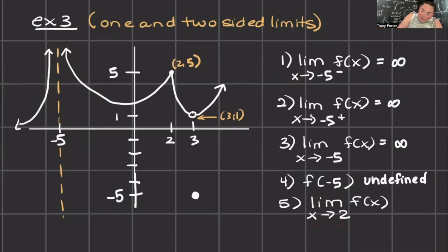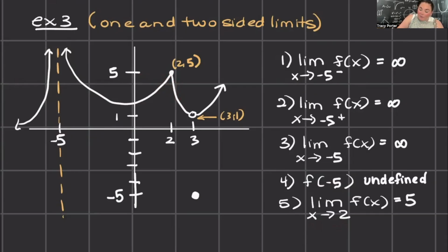So if we come in from the left and right, you can see we're squeezing in on this value 5. So here we would say that the limit as x approaches 2 of f of x is equal to 5.